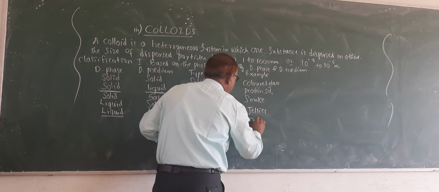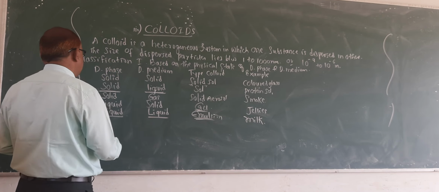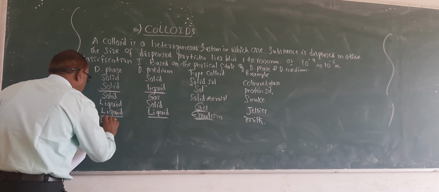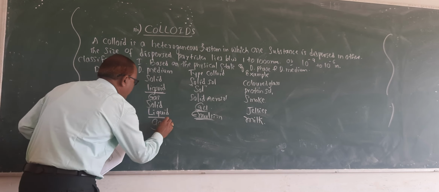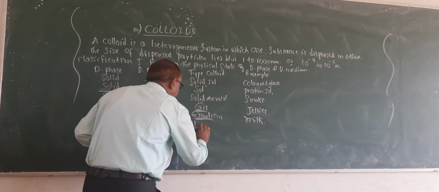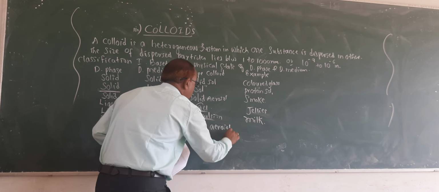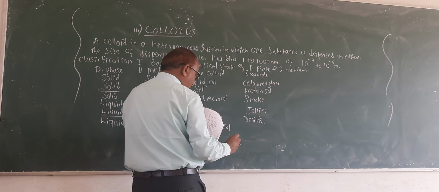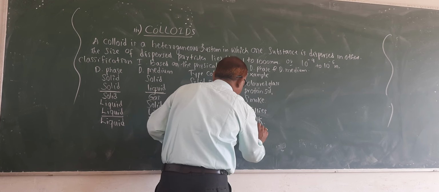For example, emulsified milk. If the dispersed phase is a liquid and the dispersion medium is a gas, it is called a liquid aerosol. For example, smog, fog, cloud.